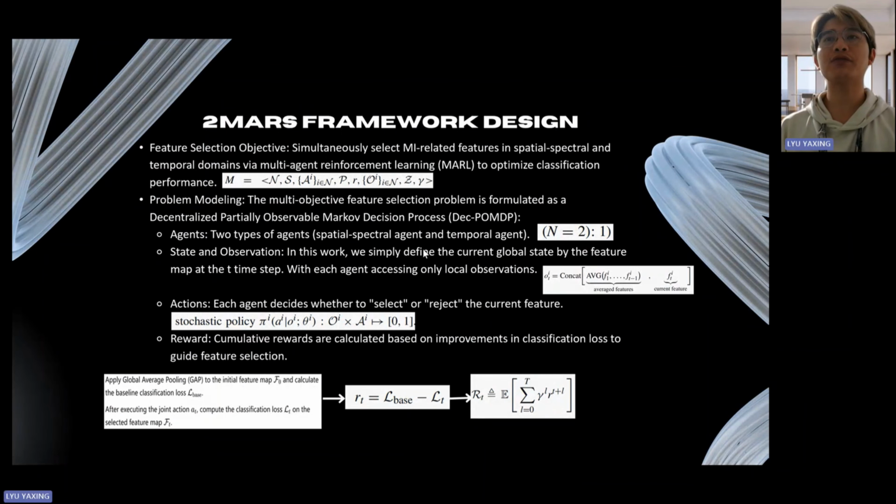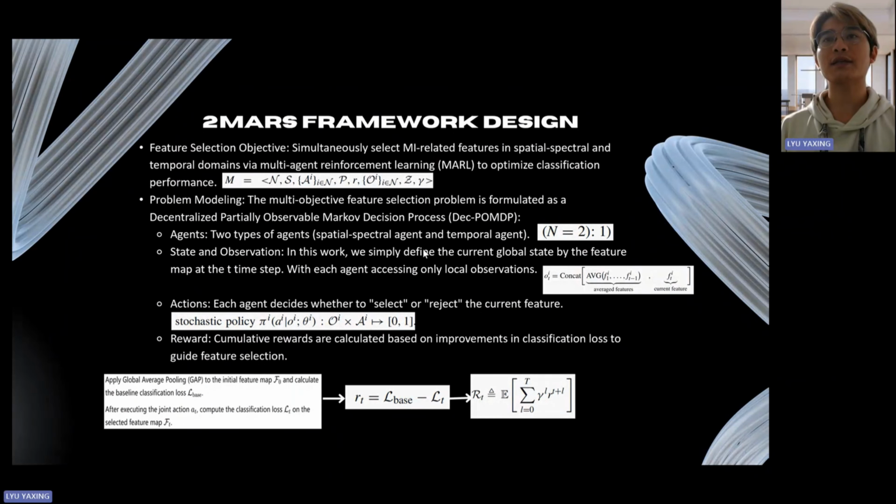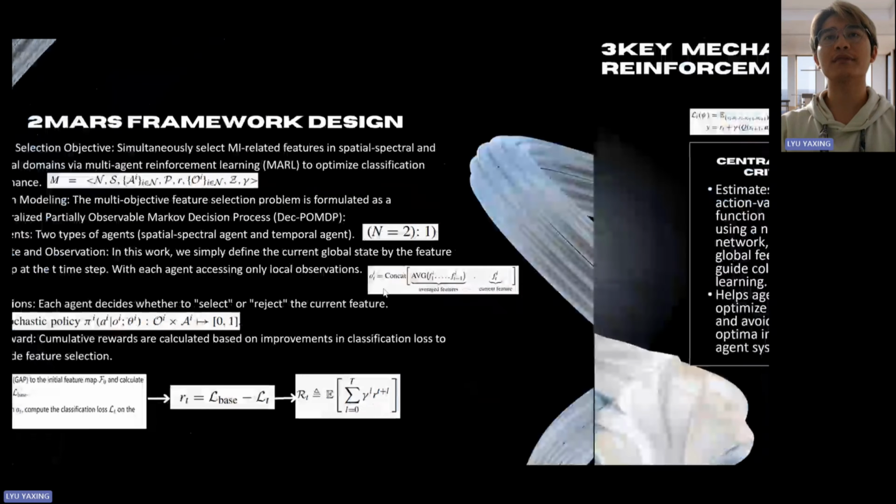Rewards are calculated by comparing the baseline loss L-base with the loss after selection LT, guiding strategy refinement on cumulative rewards, and incorporating a discount factor to balance immediate and future gains. This dynamic structure enables efficient collaborative feature selection and improves EEG classification performance.